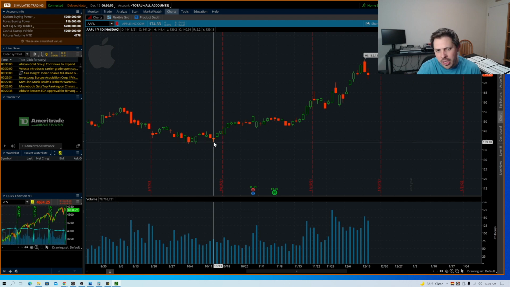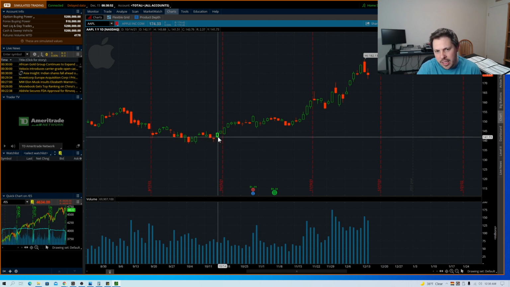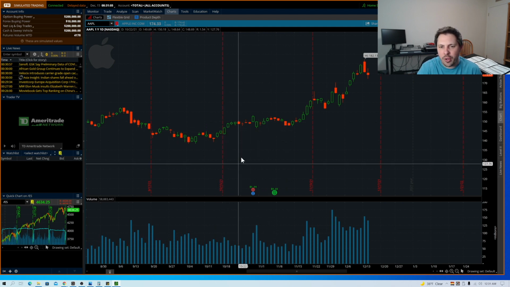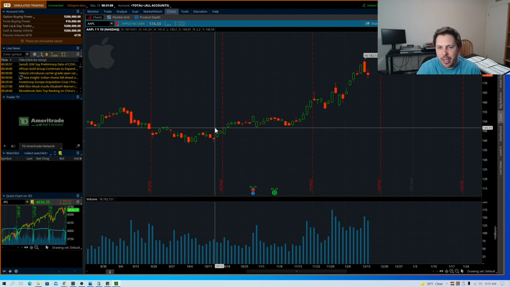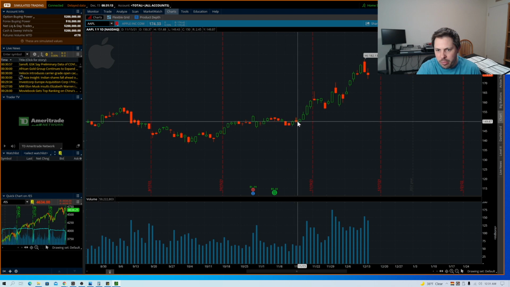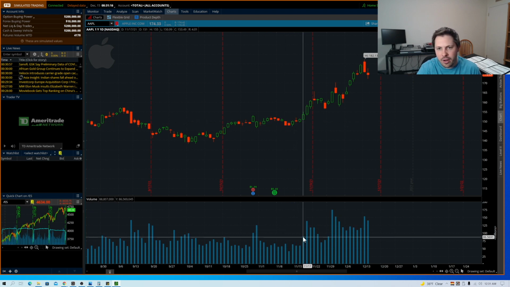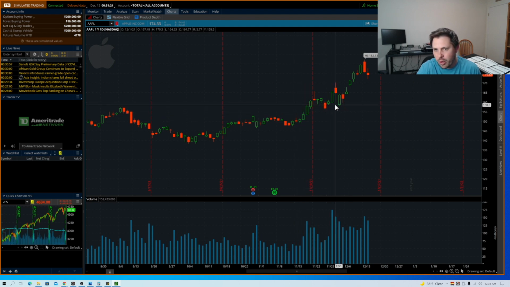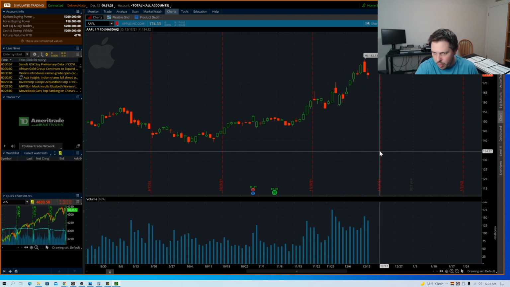Where it touched low and then it traded back up, and then you could see that this had a gap open. So this gapped up and opened, and then eventually moved higher. And then right down here we had volume pickup, and then volume drop off, but again there was some support here, and then when volume picked back up, which you could see right here, you could have gotten into this trade purely based on that volume, and then again support here, and then a breakout to new all-time highs.